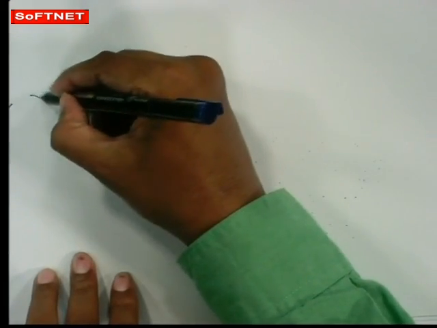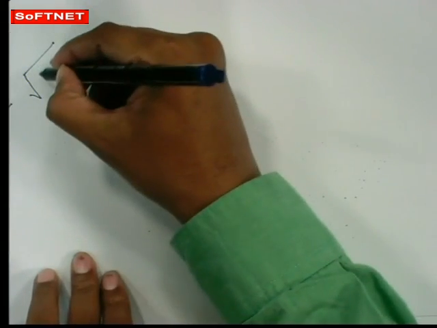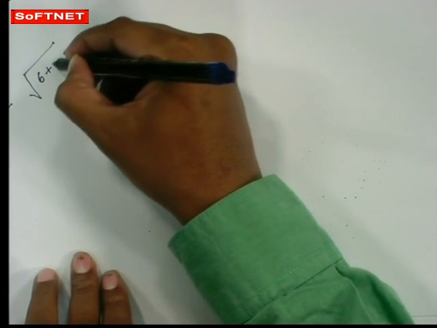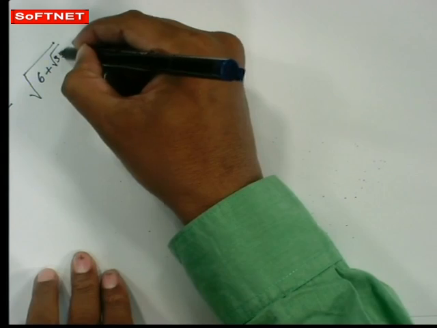Now, how to find the square root of 6 plus root 35? Let us find this one. 35 is 7 into 5, so we cannot write it directly unless some mathematical manipulation is done.